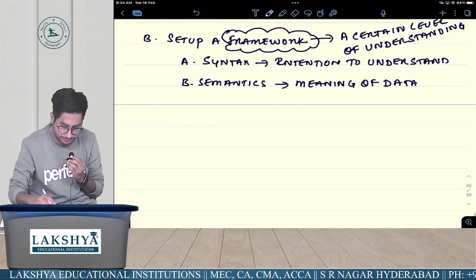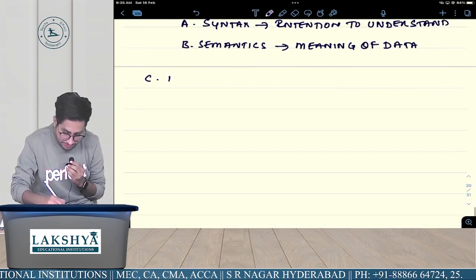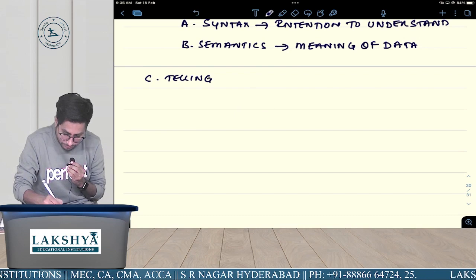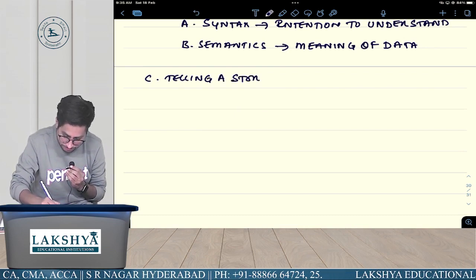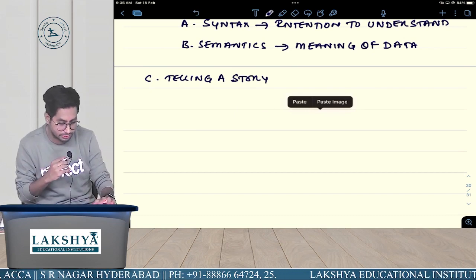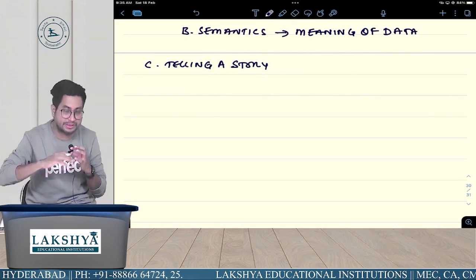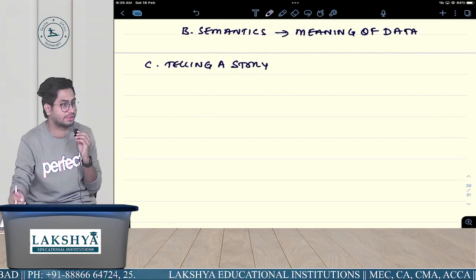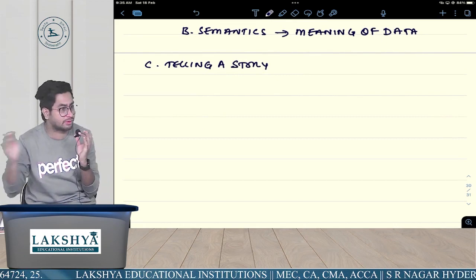Next, problem number 3. Telling a story. Why is telling a story very important? Telling a story is important when huge quantities of data are there. Story means converting huge quantities of data into small quantities.